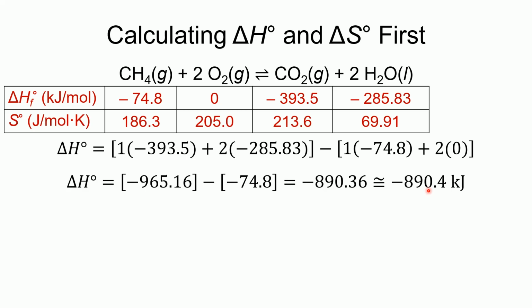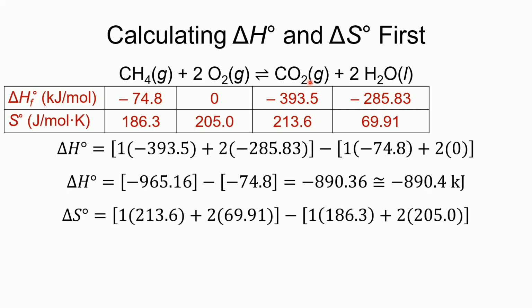For calculating entropy, before we calculate entropy, let's take a guess. So we look at how many moles of gas we have on the left. So 1 plus 2, so 3 moles of gas on the left, and we only have 1 mole of gas on the right. Well, since it's going from 3 moles down to 1 mole, we would predict that this would have a negative value for delta S, and we would be right.